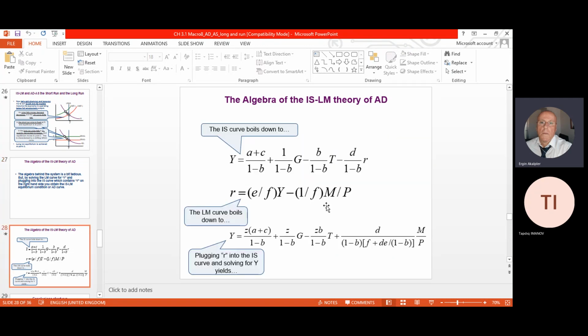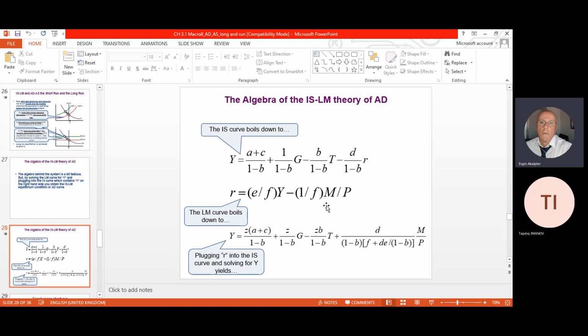As it is given here, Y is equal to, as I mentioned, these propensities, and on the right side of the equilibrium, we have the output on the upper part of the equation. Then A plus C are the coefficients of the given parameters.